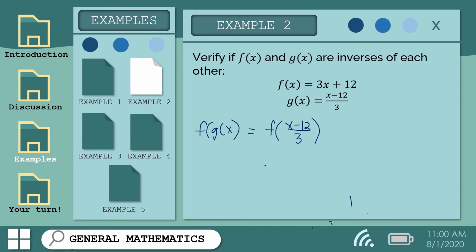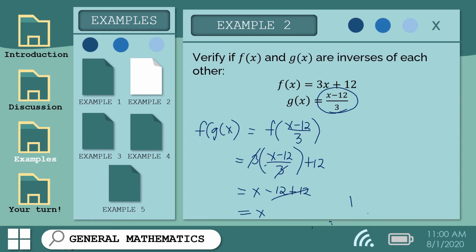Ibig sabihin, lahat po ng x ng ating f of x ay papalitan natin nito. Okay? Try po natin. That is equal to 3 times x minus 12 over 3 plus 12. Kung mapapansin nyo, equal to 1 na rin po yan. Ang matitira na lang po is x minus 12 plus 12. At ngayon din po, ang 12 minus 12 is 0, equal to x. Ibig sabihin, nasatisfy niya na po yung f of g of x na mag-equal sa x.